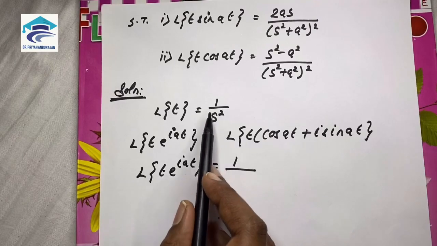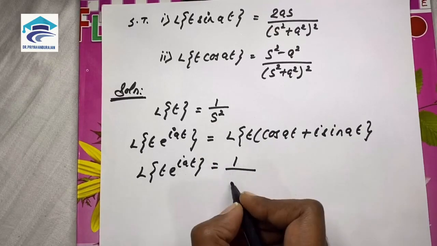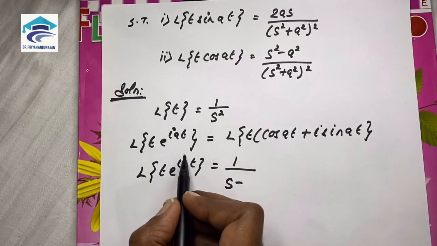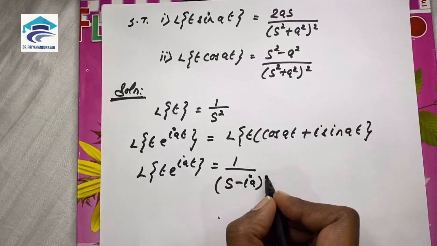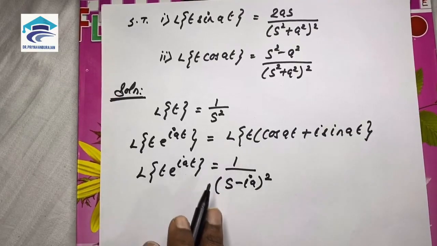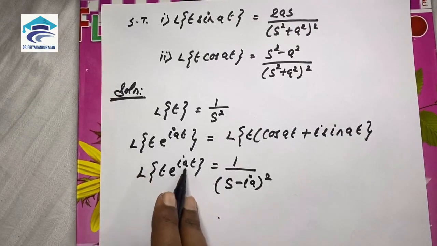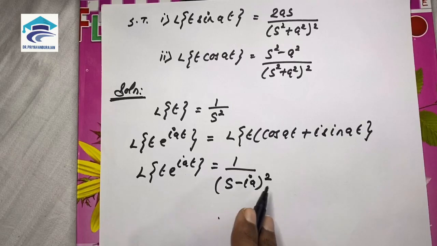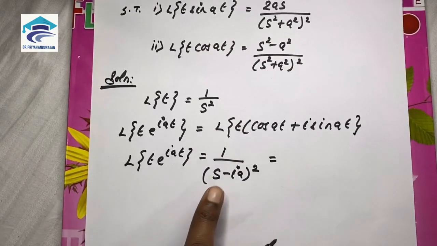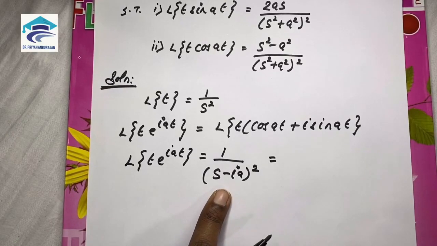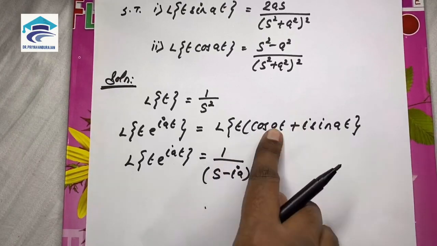If we are going to shift s, it is s minus a, here it is ia, so it is 1 by (s minus ia) the whole square. So now I have shifted s as s minus ia. I have to separate the real and imaginary parts in order to compare.